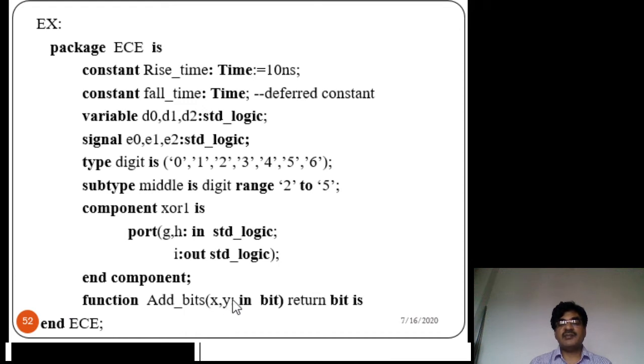X comma y are the parameters. You know, in case of a function, the parameter mode is only in, and their data type is bit. Return data is also bit type data. Yes, this is the declaration of the function. Like that, different declarations you can place in the package declaration.